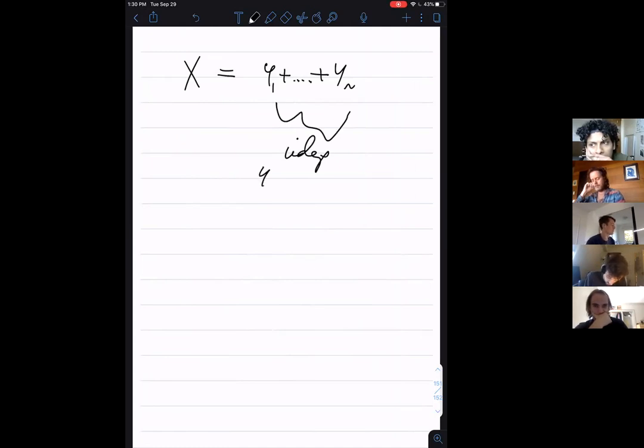So the yi are identically distributed and independent. That's a slightly weaker property because stability is moreover asserting that x and yi have a certain similarity in distribution, that they are of the same type.